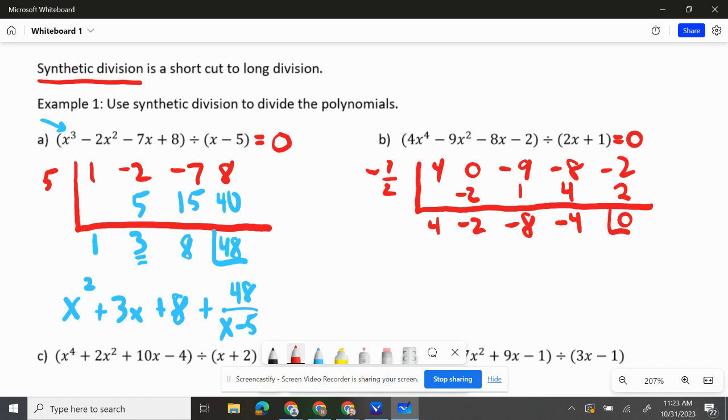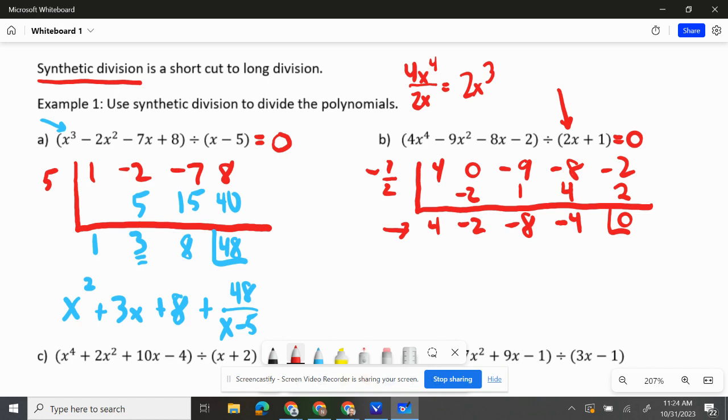It goes in evenly. Now, one of the problems with synthetic division is it doesn't divide very well with our a value. So yesterday we talked about how many times does 2x go into 4x to the 4th, and that would be 2x cubed. Notice that this is not a 2, that's a 4.